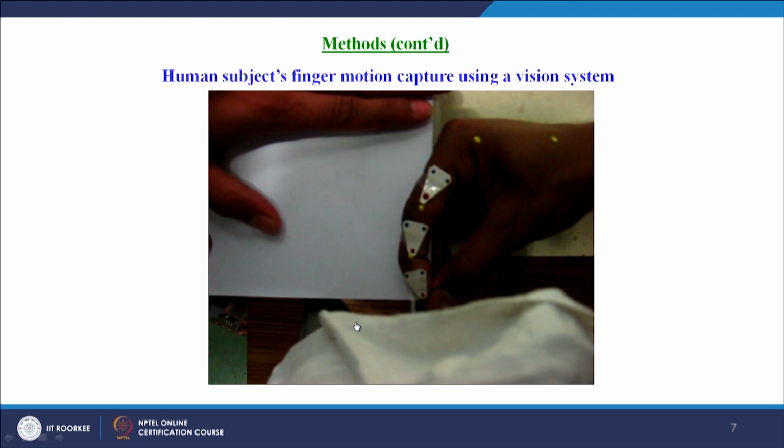The subject is asked to perform a flexion extension motion, and the camera placed on top of this plane captures the motion, which is a planar motion in the plane of flexion extension of the finger. The trajectories of those 3 markers, red, blue and green, are traced in such a way that they are used to generate the 4-bar mechanism.